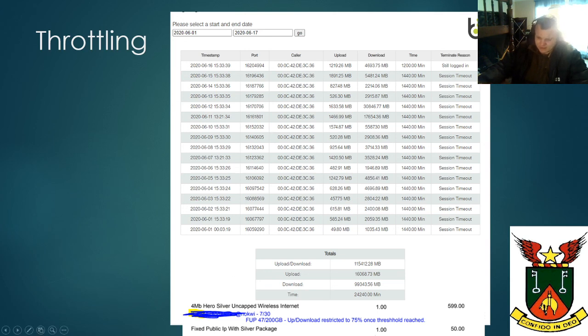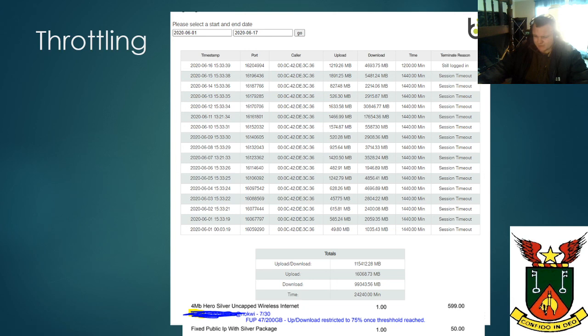Now, I have a 4 meg line with a fair use policy. If I go over 200 gigabytes, they throttle me 25%, so I have 75% of my speed. If I have a 4 meg line, I will maybe get roughly 2 point something meg if they throttle me.